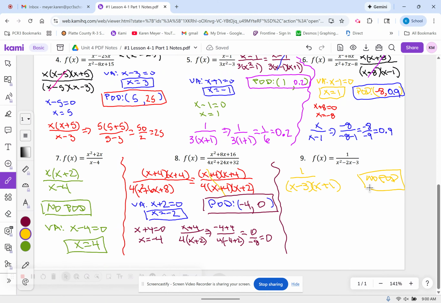For VA, I have 2 x's on the bottom, so I'm going to have to solve each one. So set each one equal to 0. So for VA, I would have x equals +3 and x equals -1. And we are done.